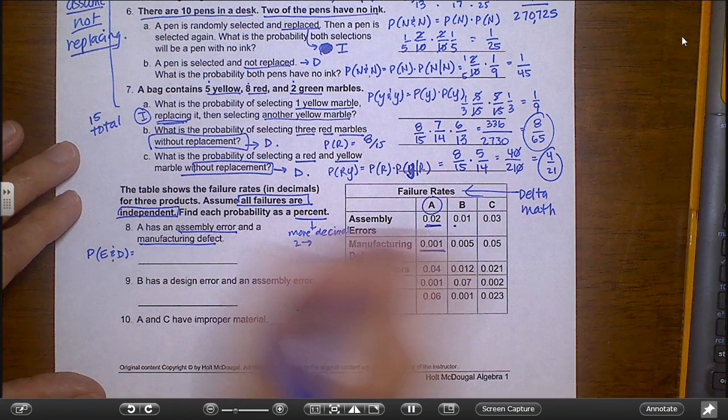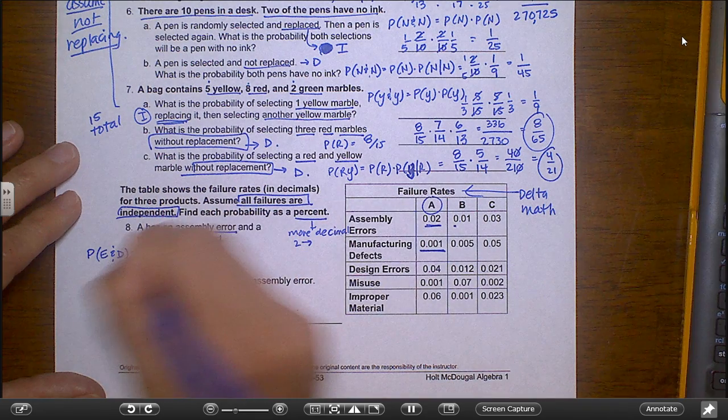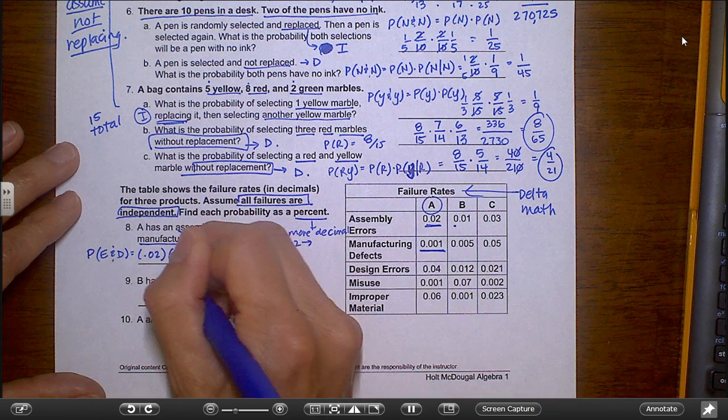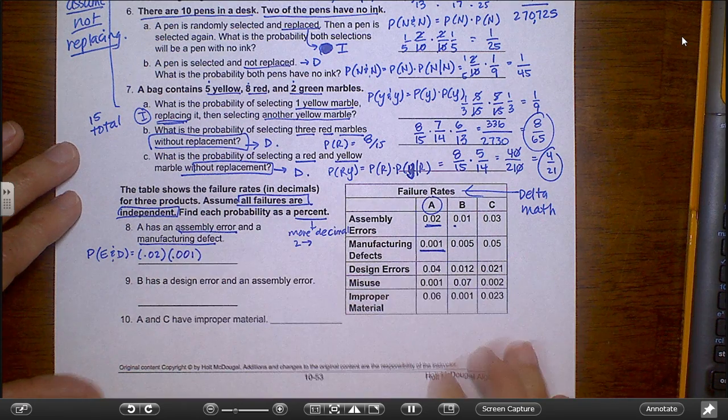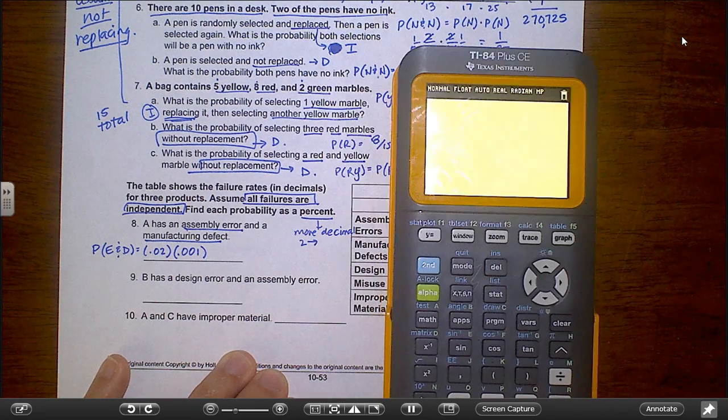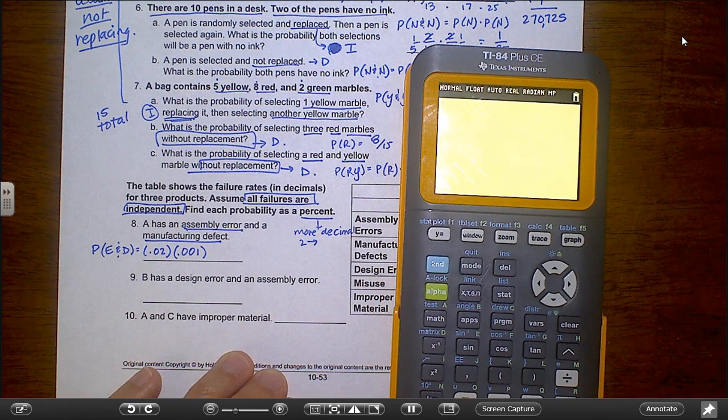So the probability of an assembly error is 0.02. These are my real small numbers we're working with. And then a manufacturing defect is 0.001. So when you do this, ooh, that's a glare, sorry. 0.02 times 0.001. Oops. I think, because I just randomly added in a parentheses in there.